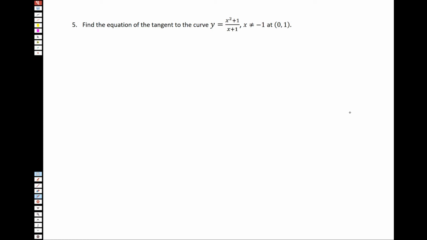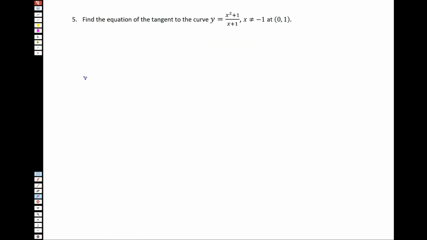Find the equation of the tangent to the curve at x equal to 0 and y equal to 1. So first of all, we need to rewrite this as a product of two functions. So that will be y equal to x squared plus 1 multiplied by x plus 1 to the power negative 1, if you bring the denominator up top.